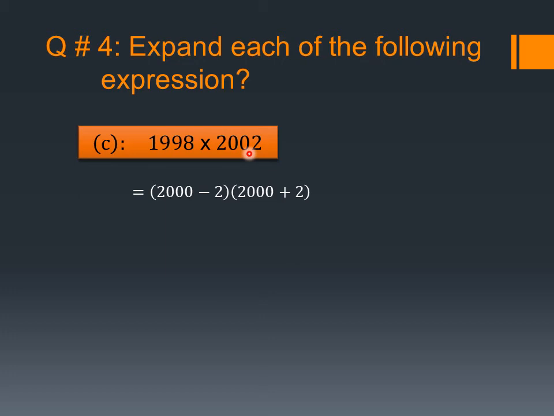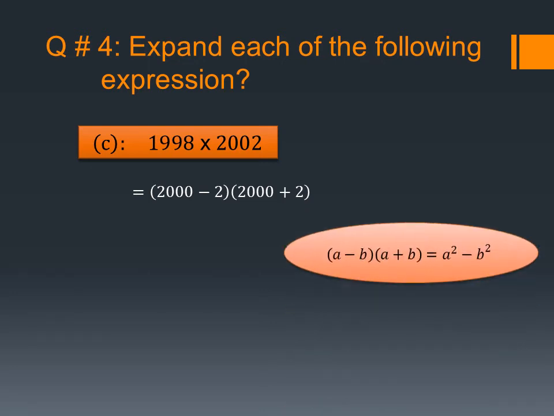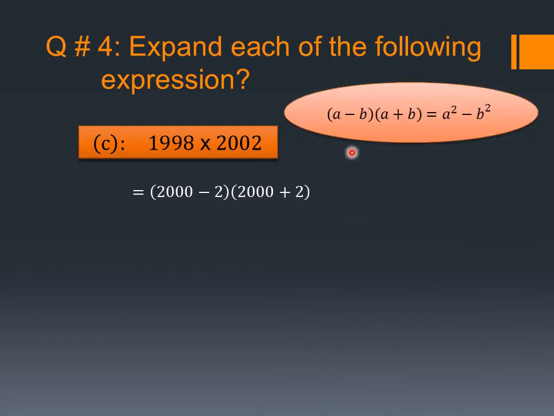Which formula will be applied now? We are having the same brackets with opposite signs. Whenever we have the same brackets with opposite sign, we use the formula of difference of square, and the formula of difference of square is A square minus B square. We are having the left side of the equation in the question, so we will change it to the right side of the equation.